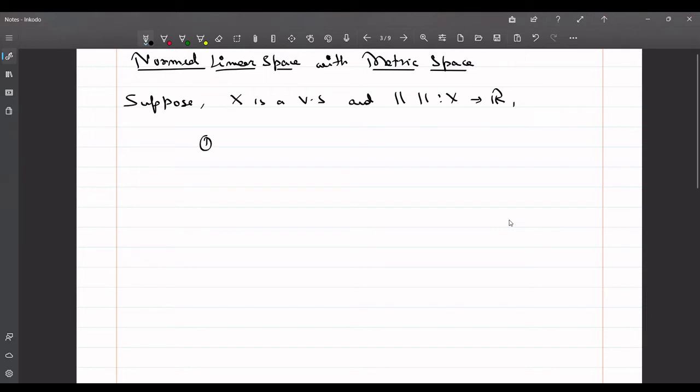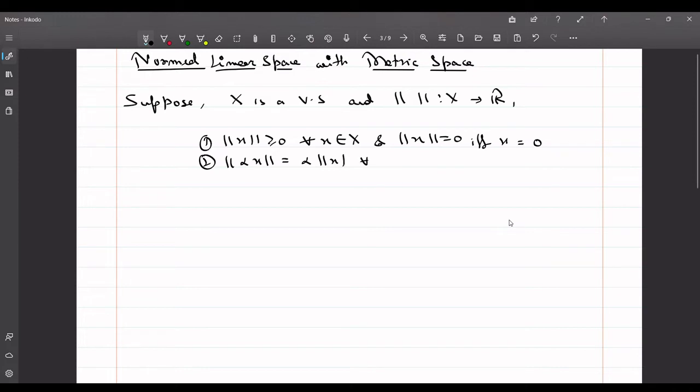I'm writing them again. Norm of X is greater than or equal to 0 for all the elements belonging to X, and the norm equals 0 if and only if X is a 0 vector. Property number 2, scalar multiple comes outside, for all elements belonging to X. And property number 3, which is the triangle inequality: norm of X plus Y is less than or equal to norm of X plus norm of Y. And I have given you a very simple example. You can define norm from R to R as the mod function.